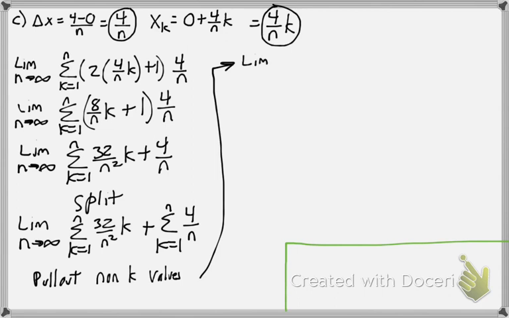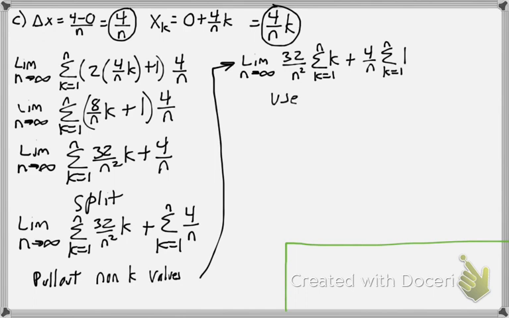The limit is still there. Now when I take this 4 over n out, it leaves me with a 1 there because I don't have anything else left in there.